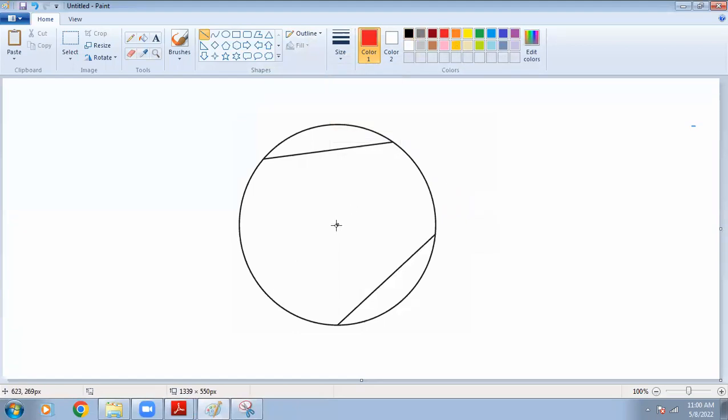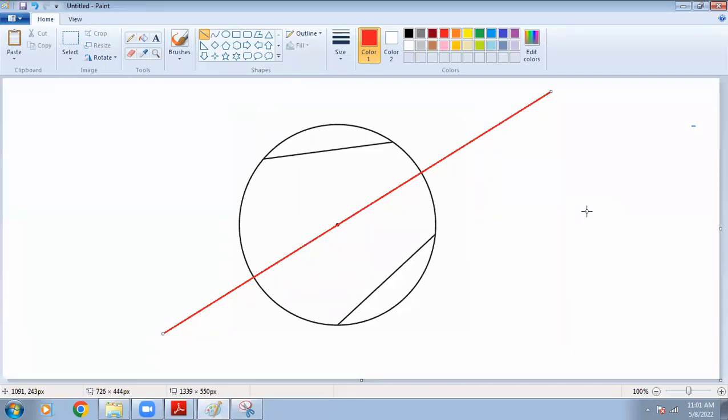So let me choose the color. A line of symmetry is a line. My dear students, you can see this is the line of symmetry. A line of symmetry is a line which will divide that figure into 2 equal parts.